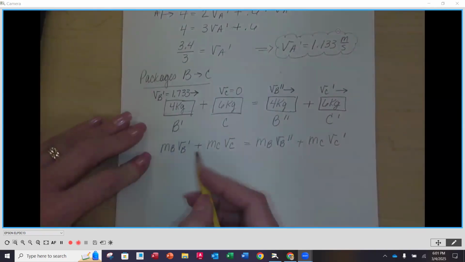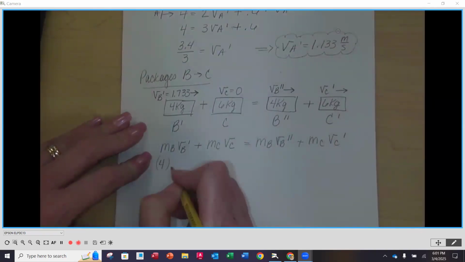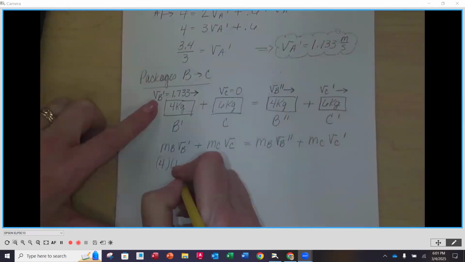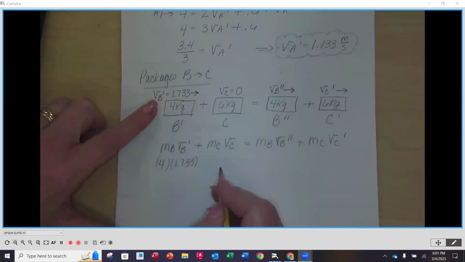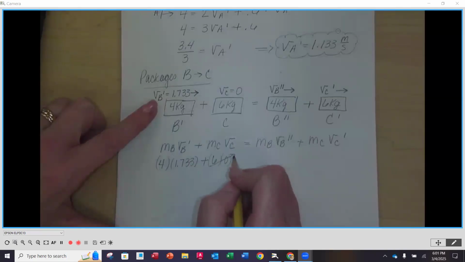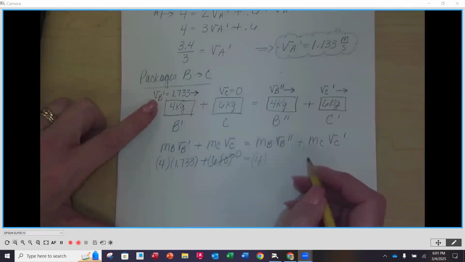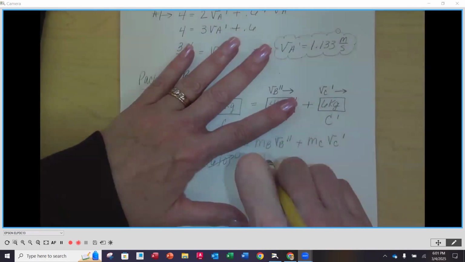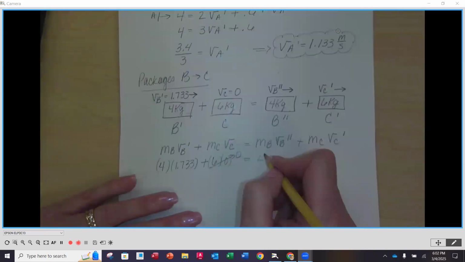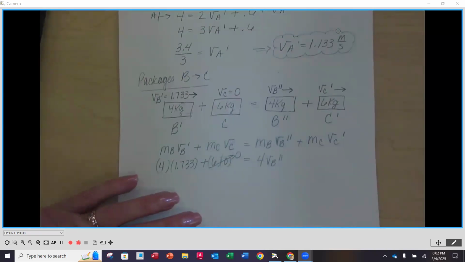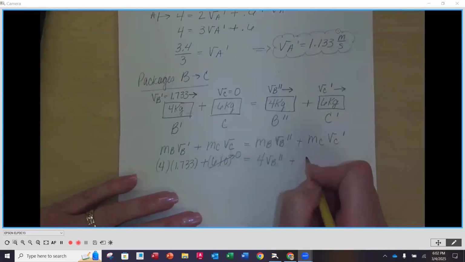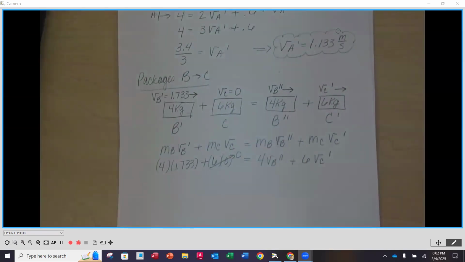Mass of B is 4 kilograms times velocity B prime, which we calculated to be 1.733, plus the mass of C, 6 kilograms, times its velocity before it gets hit, which is 0. So this goes to 0. On the other side of the equal sign, we have 4 VB prime prime plus the mass of C, 6, times velocity C prime.